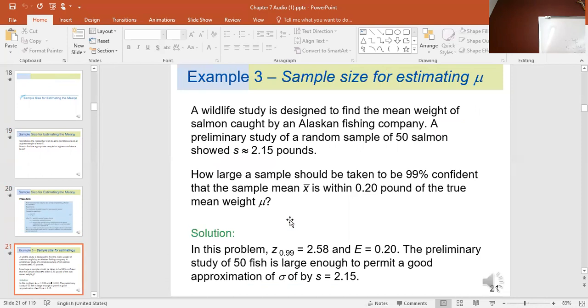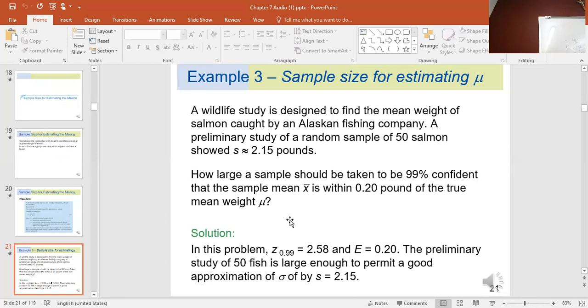A wildlife study is designed to find the mean weight of salmon caught by an Alaskan fishing company. The preliminary study of a random sample of 50 salmon showed that S equals 2.15 pounds. That is the sample obtained in some previous studies, not the one you want to work on.